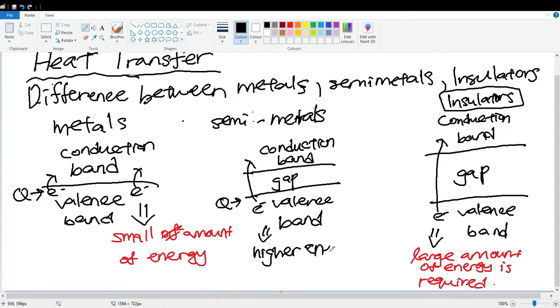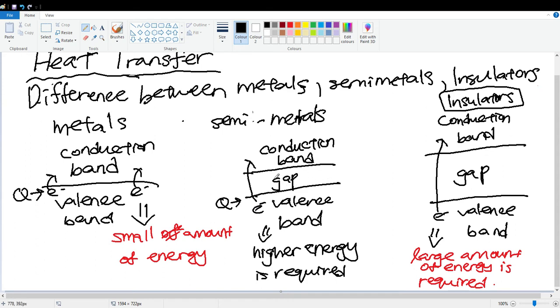And okay, so in this case, higher energy means the energy which is higher than the energy needed for the metal. So higher energy is required. If the energy is higher than the energy required for the metals, the electron will eventually jump from the valence band to the conduction band.